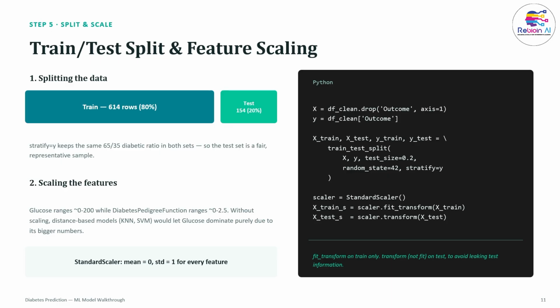If we let the scaler learn from the test set too, we would be leaking information and making our evaluation look better than it really is. Now, this is what the code looks like for the training and testing split.